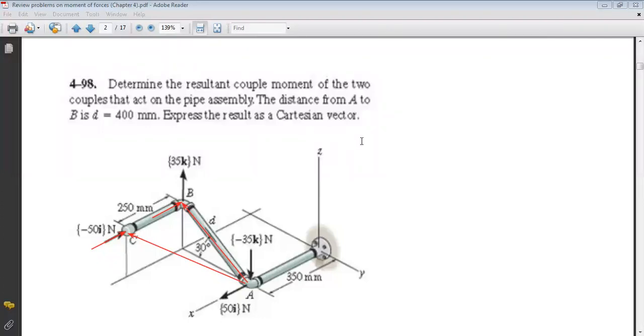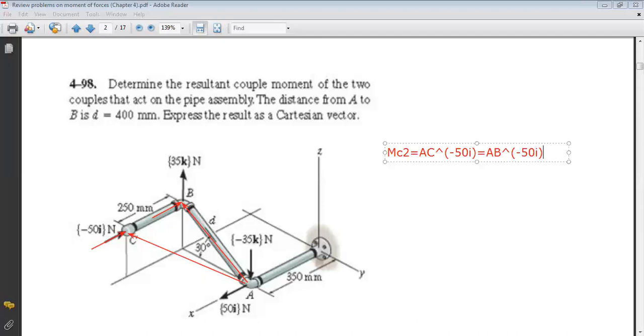So if I want to use the vectorial method, I can say that the moment of couple 2 can be written as AC vectorial minus 50i, or since we have already calculated AB, it's easier to work with AB. So let us say that it's equal to AB vectorial minus 50i.